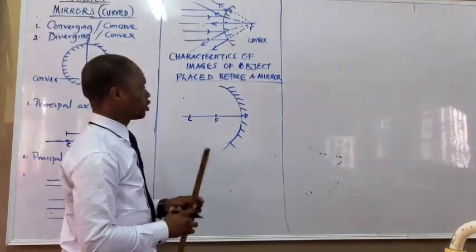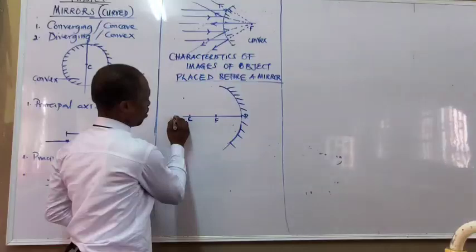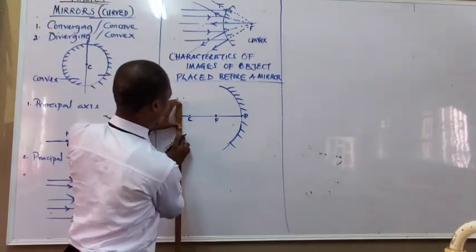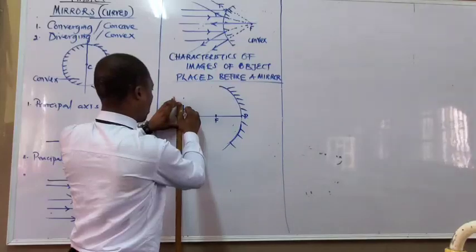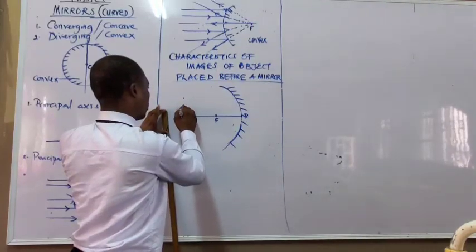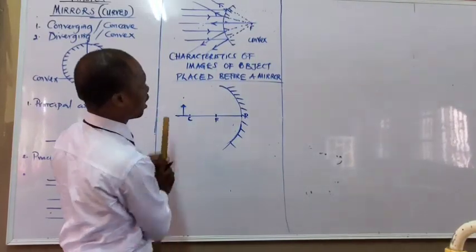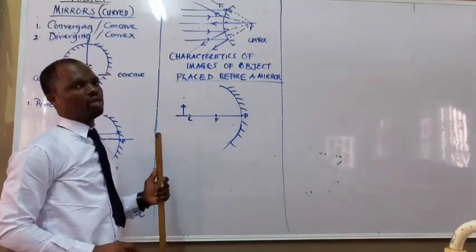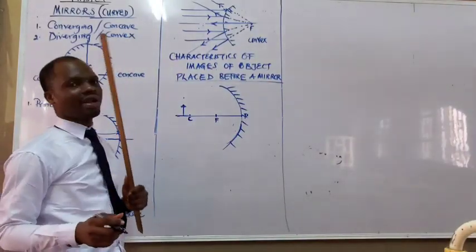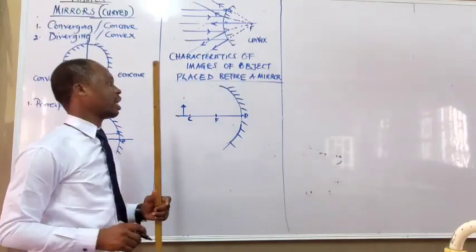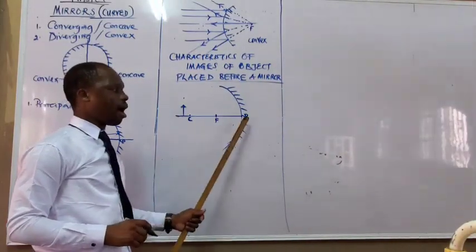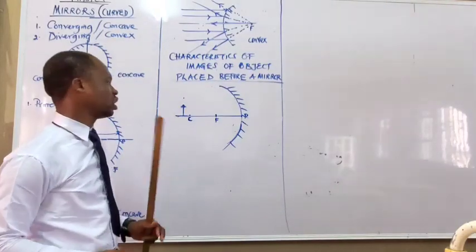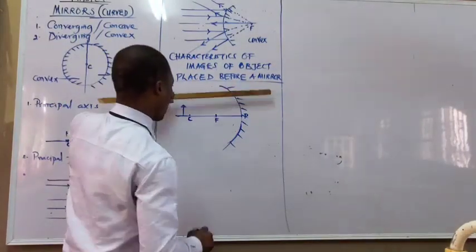So what we're going to do now, let's try and put an object. We represent the object with a narrow edge line. If this is our object placed beyond C, one of the rays that you're going to make use of to get the proper position of the image and the nature of the image is the parallel ray.